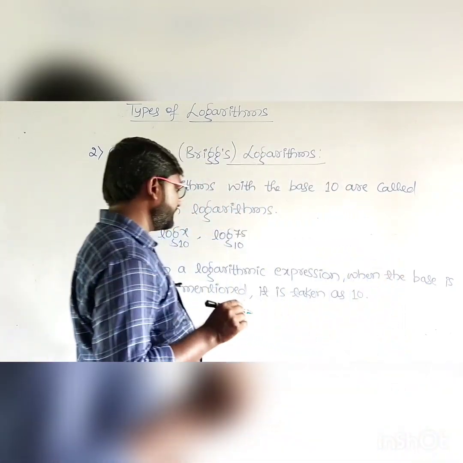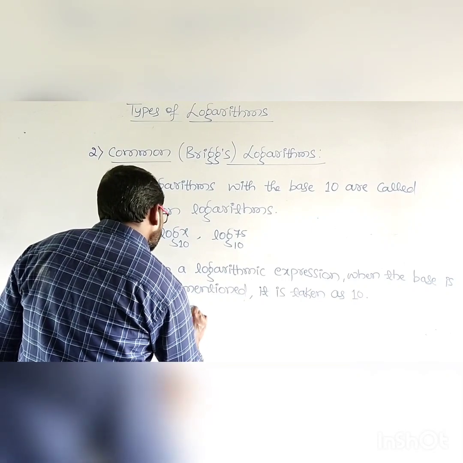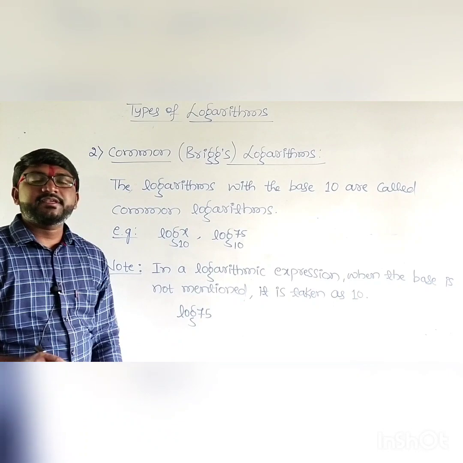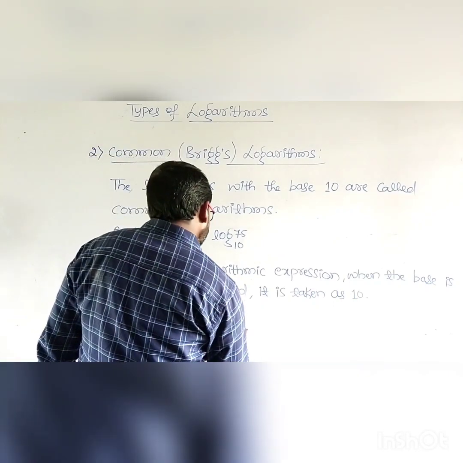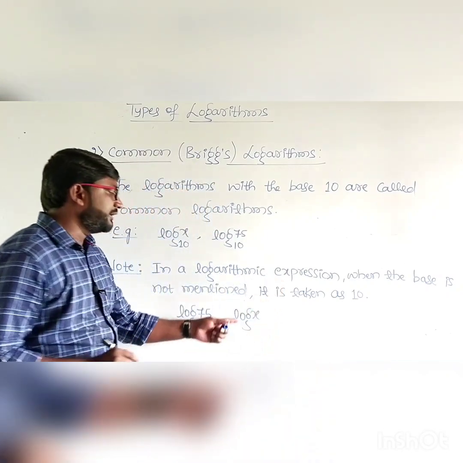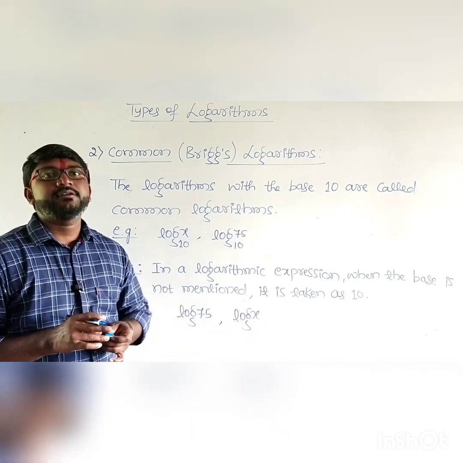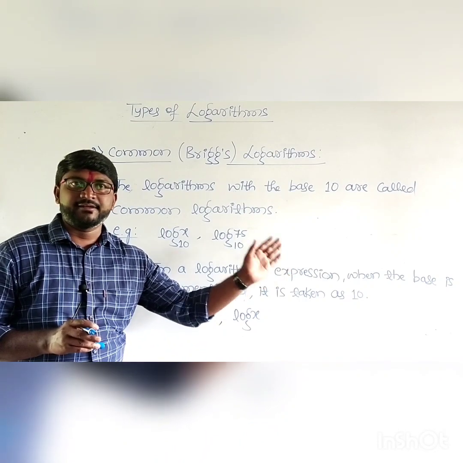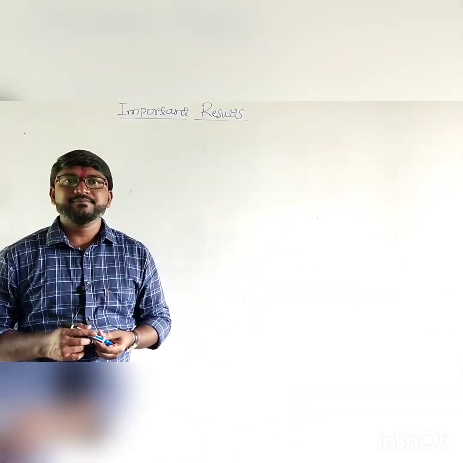For example, if they give only log 75, in this case we assume that the base is 10. Similarly, if you write only log x, it means log x to the base 10. Whenever the base is not mentioned, we take the base as 10. So this is all about the types of logarithms.